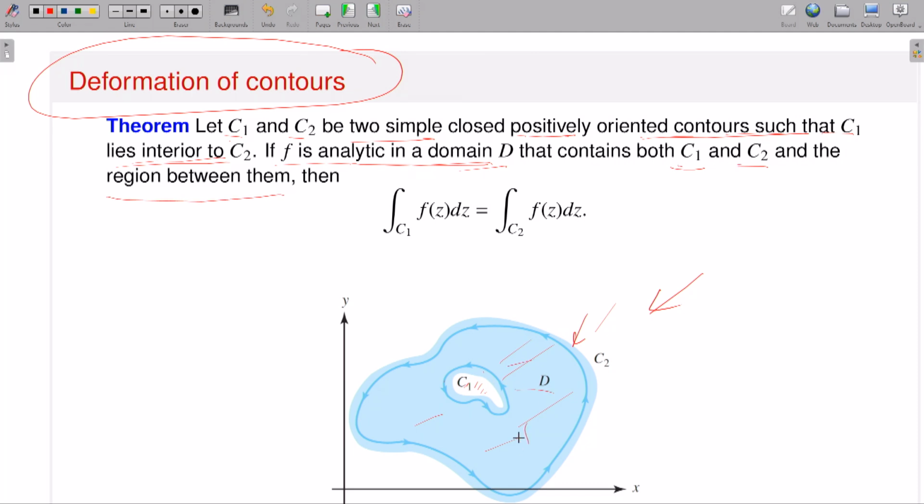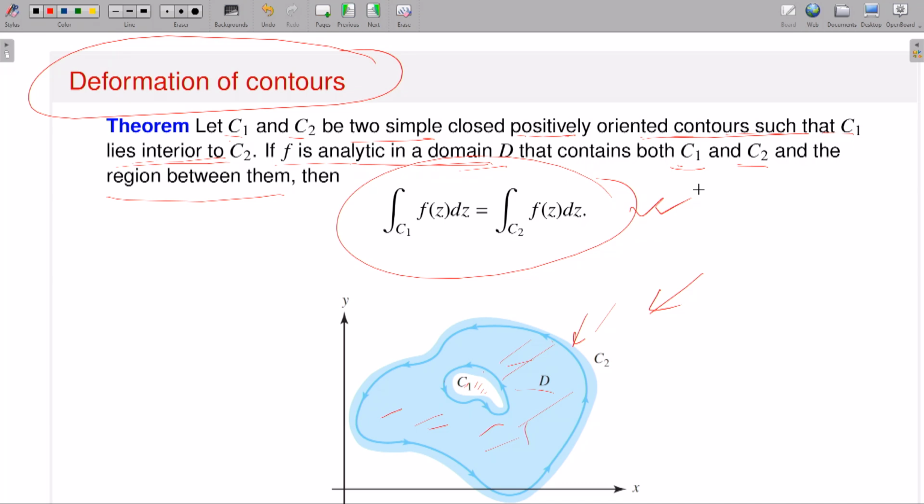Of course the region in between is also a part of the domain D. Then the conclusion is that the contour integration over C1 is the same as the contour integration over C2. So the value of the contour integration of f over the larger contour C2 and over the smaller contour C1, which lies interior to C2, will be the same. That is called the deformation of contours.